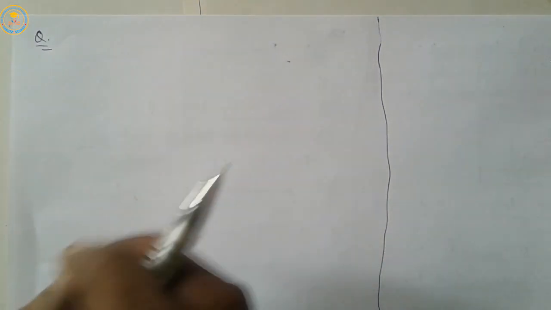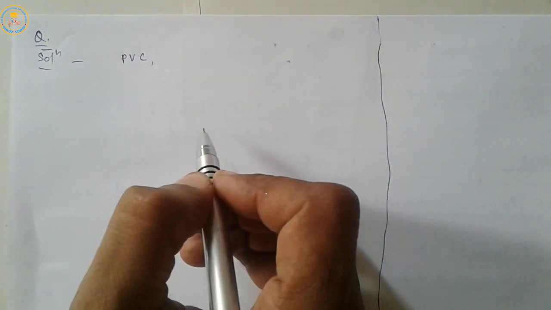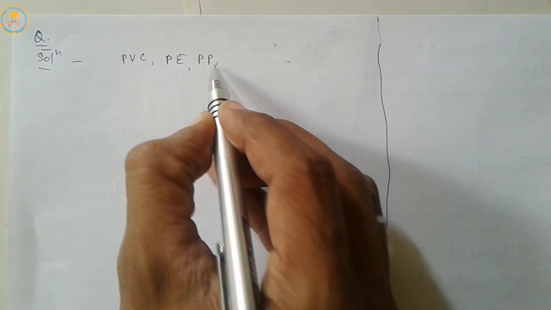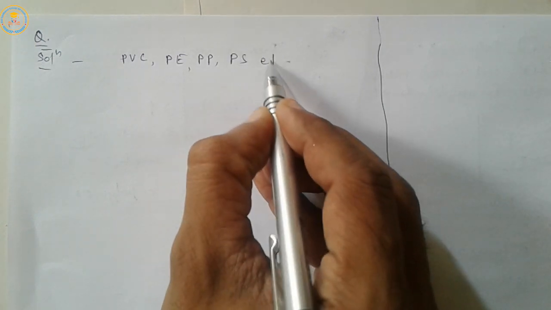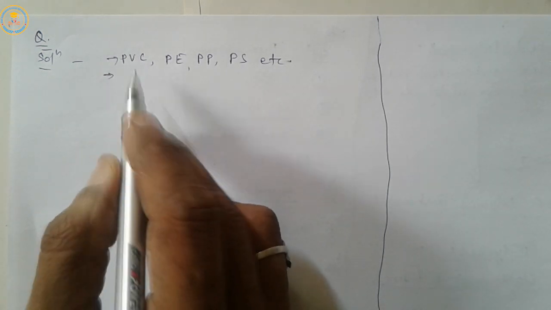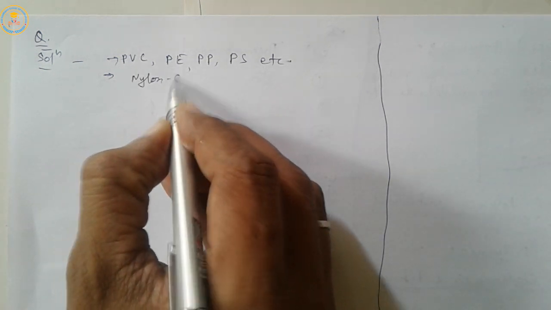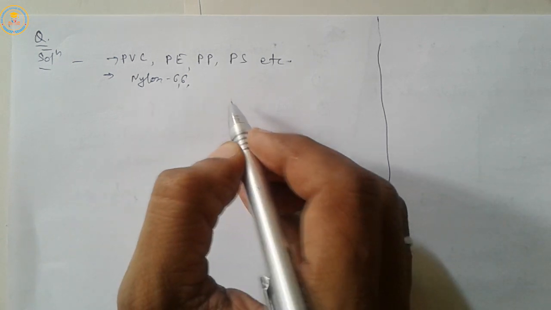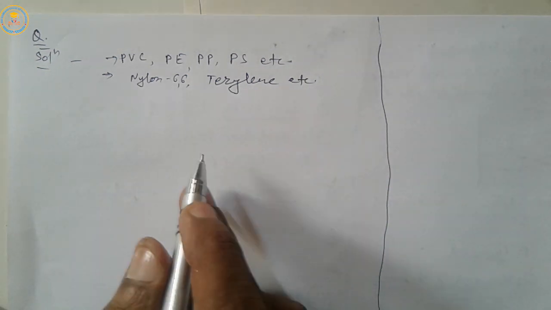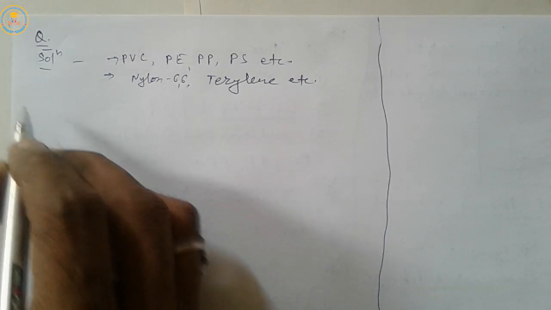The solution: examples of homopolymer are PVC, polythene, polypropylene, polystyrene, etc. And examples of copolymer or heteropolymer are nylon 6,6, terylene, etc.